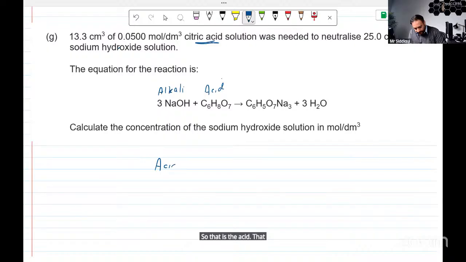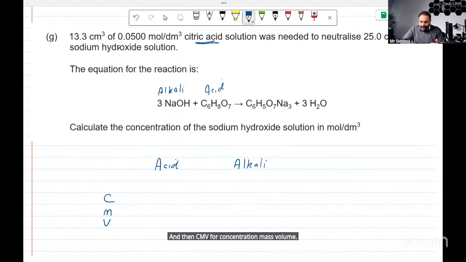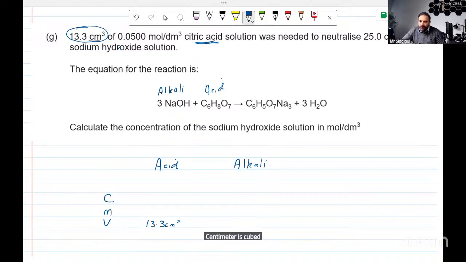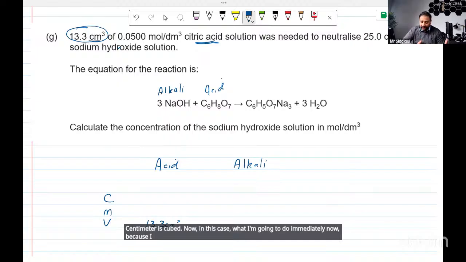Let's write down acid, alkali, and then CMV for concentration, mass, volume. Let's fill in what we know. That is a volume, centimeters cubed, of the acid. Now, 13.3 centimeters cubed is the volume of the acid. In this case, what I'm going to do immediately now, because I've done these questions a lot and you will get there, is that we don't like centimeters cubed.